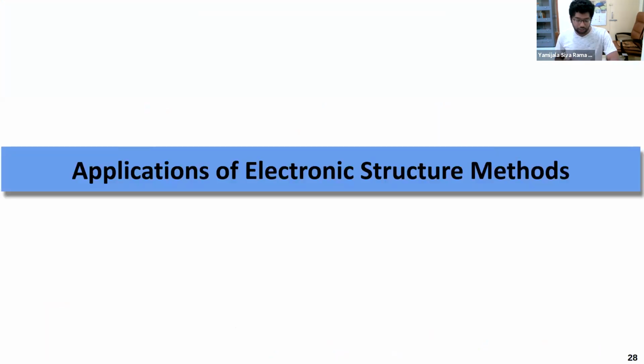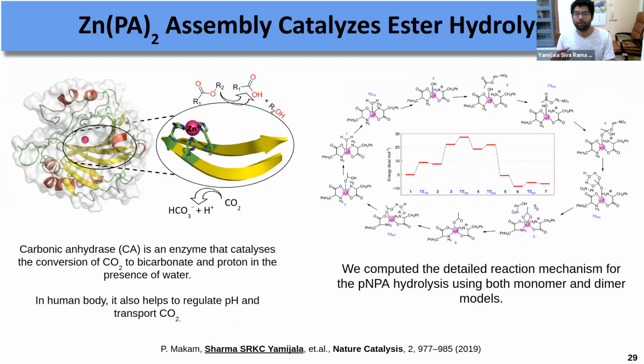So moving on to the other electronic structure method applications, in this particular example, we tried to understand the reaction mechanism of a supramolecular assembly that was synthesized by our experimental collaborators.